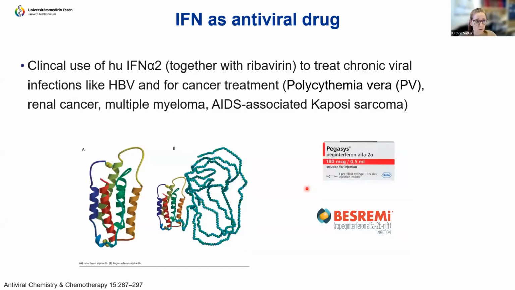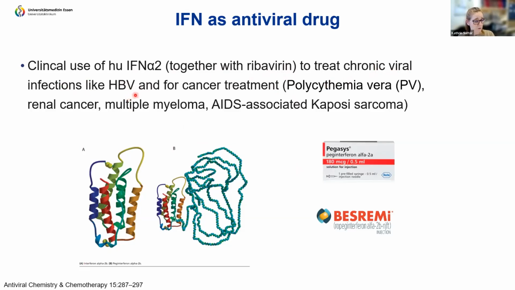What some of you might know is that interferon is also used as an antiviral drug in the clinics. There, human interferon alpha 2 is used, mainly together with another antiviral component like ribavirin, to treat chronic viral infections.